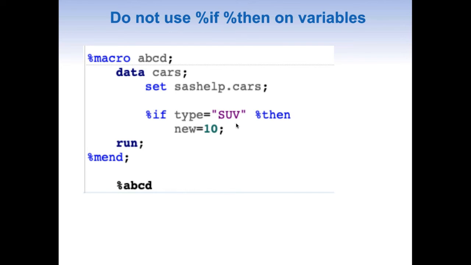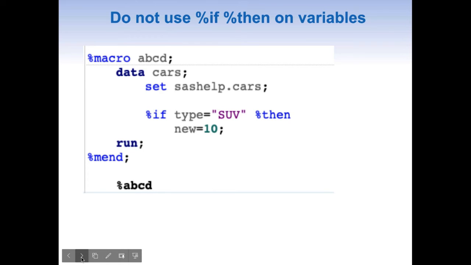This text is not equal to this text, so this percent then doesn't execute. It is very important to understand that part. And then finally these data cars set sas.cars run statements get created and they get executed with the help of the SAS compiler, and then data cars will be created.